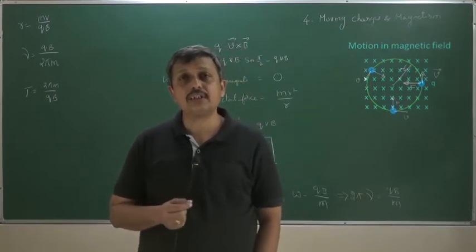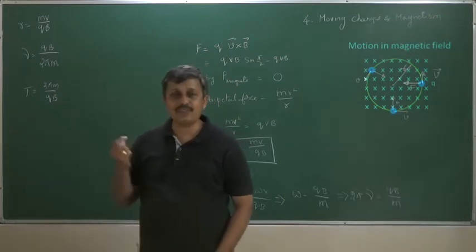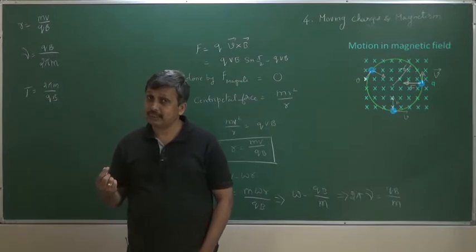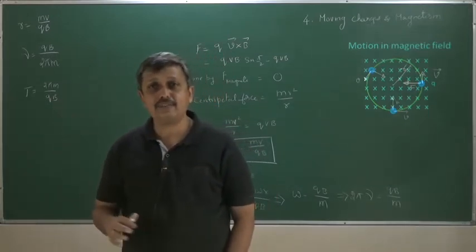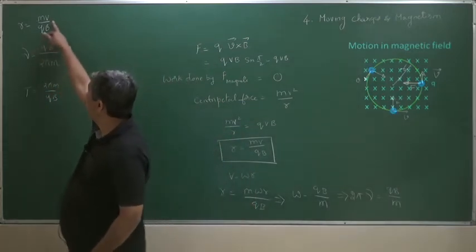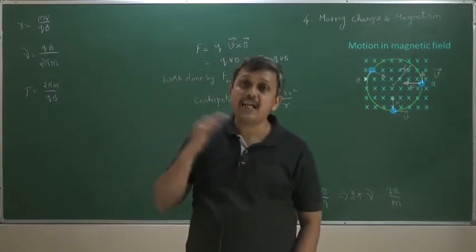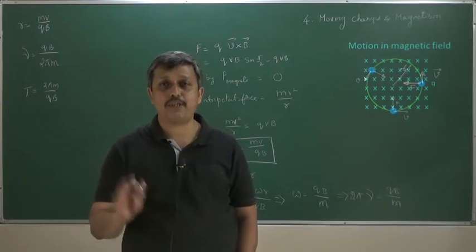Suppose you increase the velocity, what will happen? If you have a higher velocity to start with, then it will actually take a bigger circle. It just increases the radius of the circle, because radius depends on v. And when it increases the radius, accordingly it also makes sure that it takes exactly the same amount of time again.